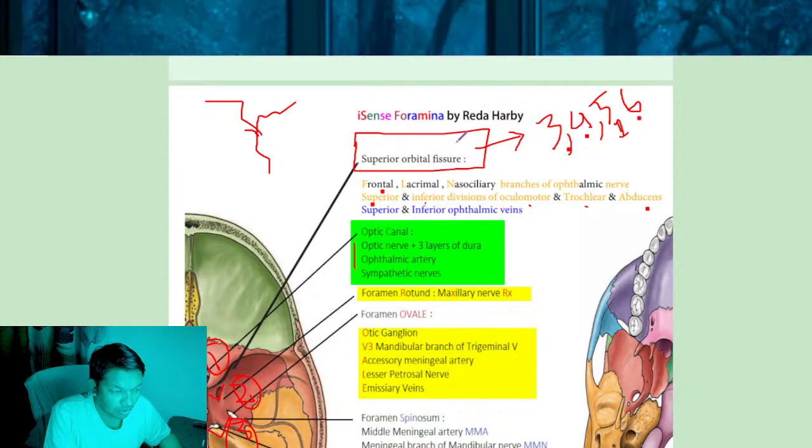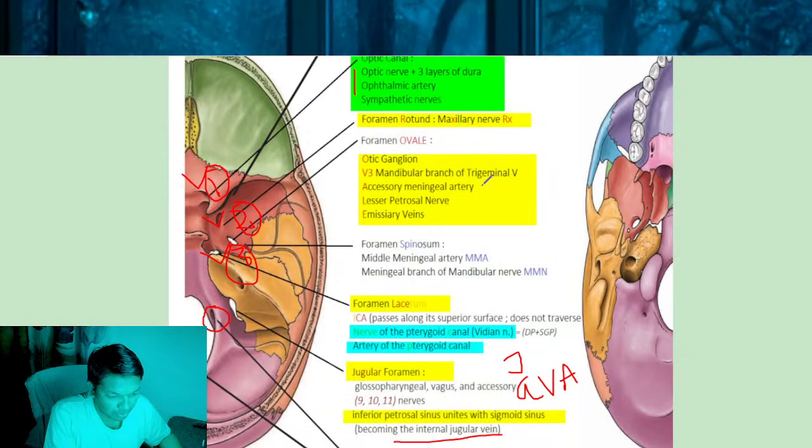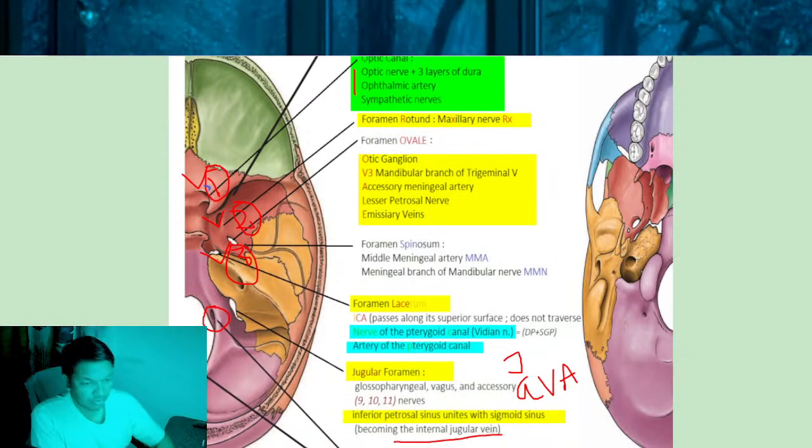And V2 goes through which foramen? Rotundum. And V3? Ovale. So you can see their anatomical location.